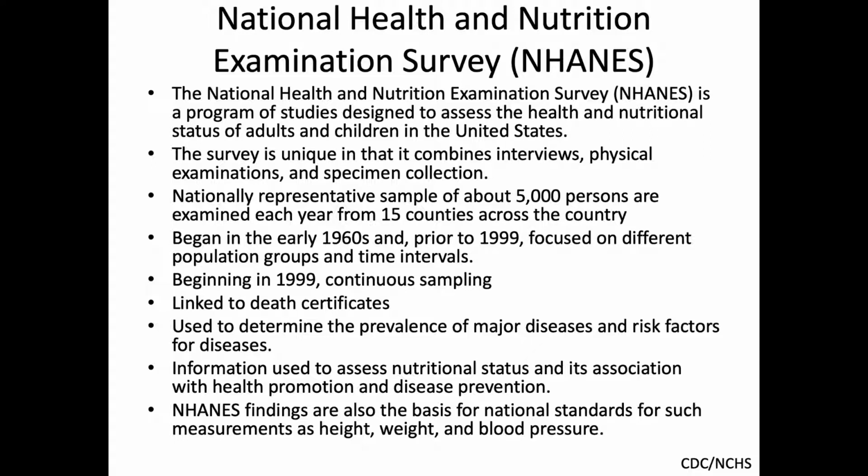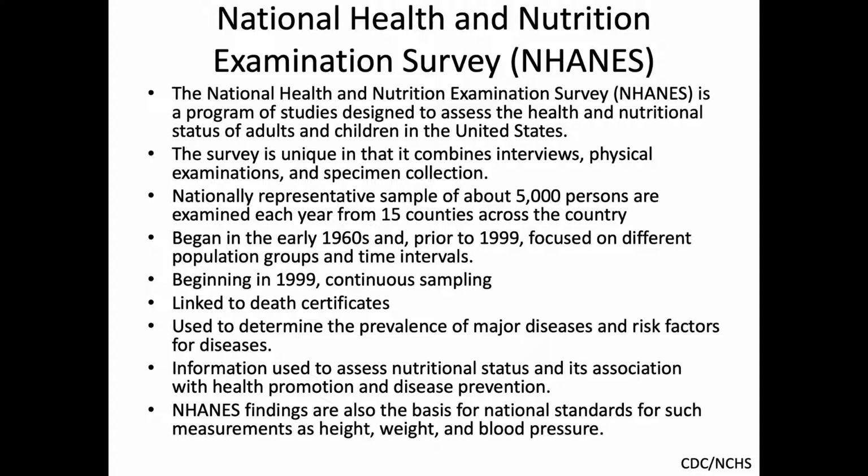Its main use is really to determine the prevalence of major diseases and risk factors for diseases in the U.S. And since it is an examination survey, we can get at undiagnosed health conditions, which I'll talk about more in a minute. But the information is used to assess nutritional status and its association with health promotion and disease prevention.